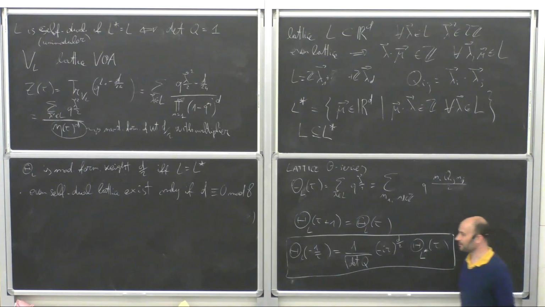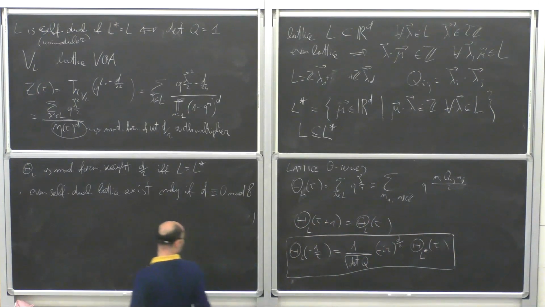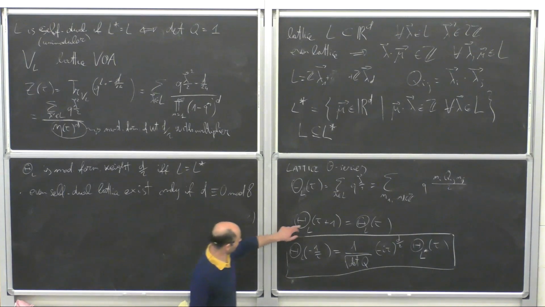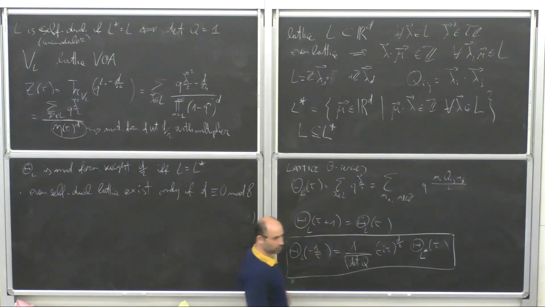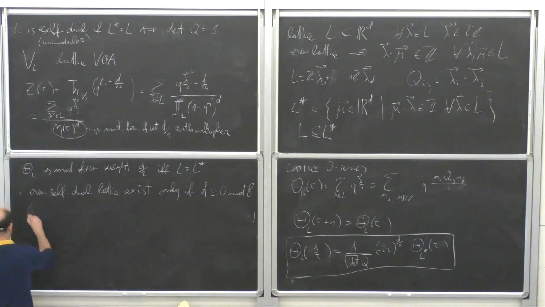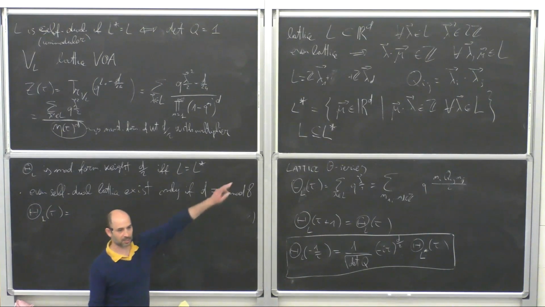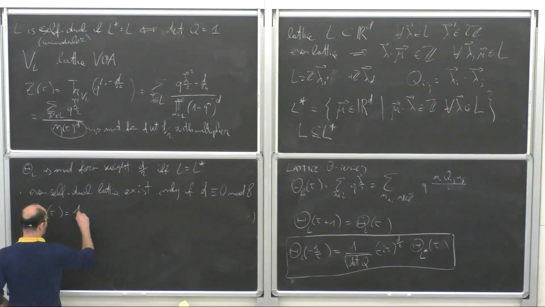And you can also write a bit how it looks like. It starts from q to the 0 because of lambda equals 0, so it starts from 1.